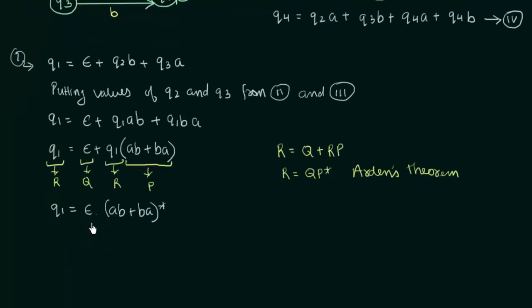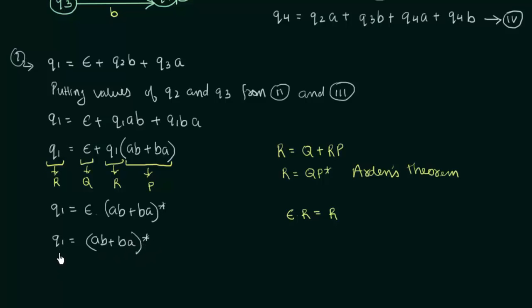Here we have epsilon times this term. We have studied from our identities that epsilon times any regular expression R is equal to R itself. So if you treat this whole thing as R, it can be written as the term itself. So Q1 is equal to (AB plus BA) star.